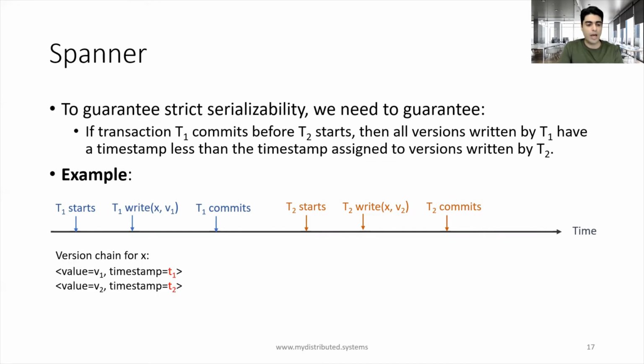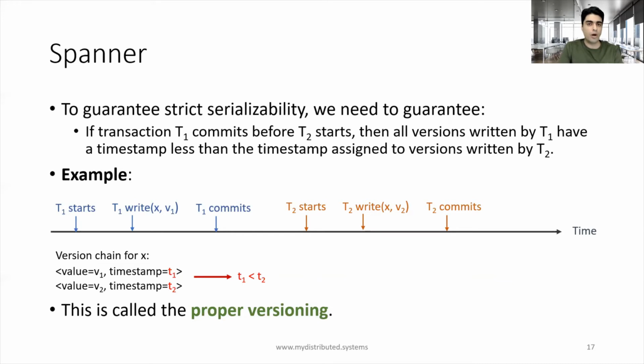So now we have 2 versions in the version chain for item X. We have one version with value V1 and timestamp T1, and the other version with value V2 and timestamp T2. So to guarantee strict serializability, we have to guarantee that T2 is larger than T1. And any such versioning is called a proper versioning.